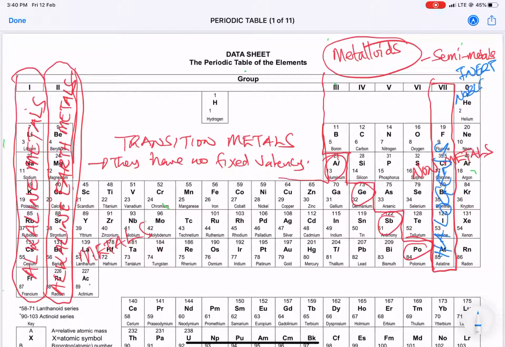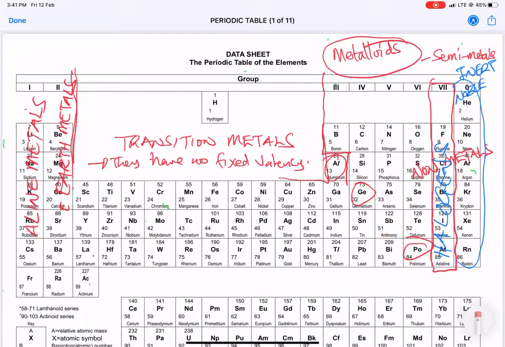Inert means doesn't react, so they are stable. Group O elements don't react with any element on the periodic table. So they neither lose nor gain electrons. So it is very important to take note of these special families of the periodic table.